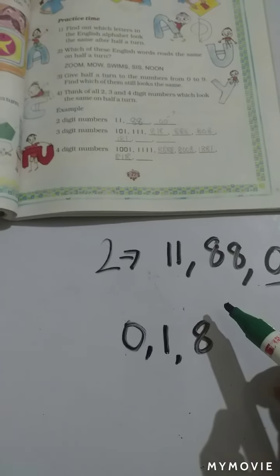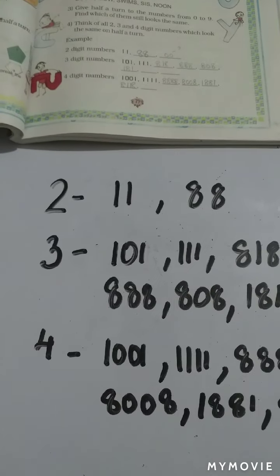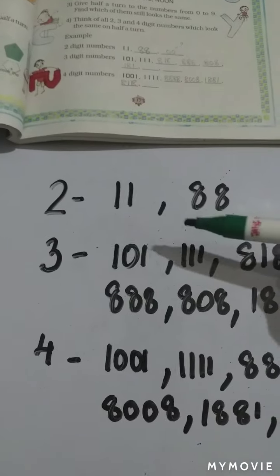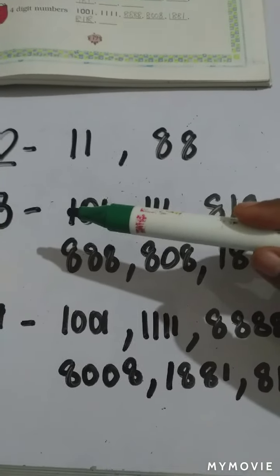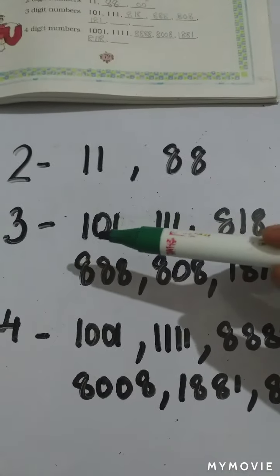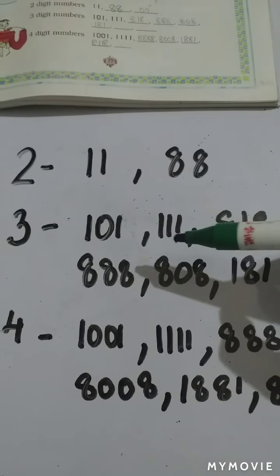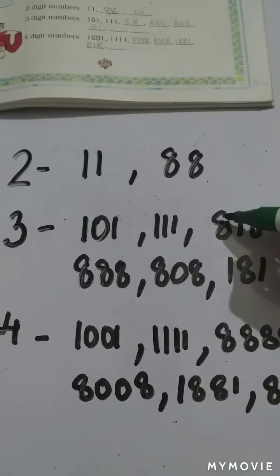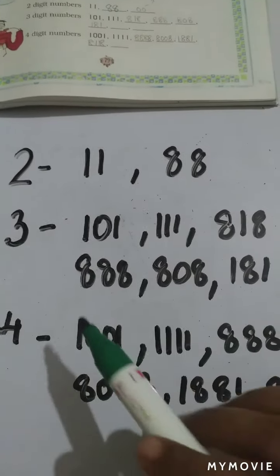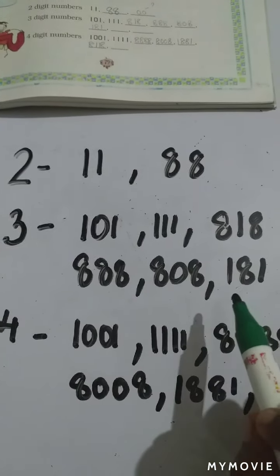Similarly for 3-digit numbers, I have written for 3-digit numbers. You will be having numbers which will look the same when reversed. It is 101, 111, 818, 888, 808 and 181.